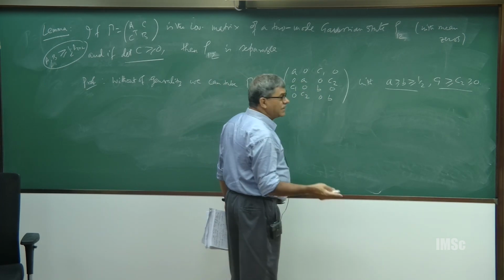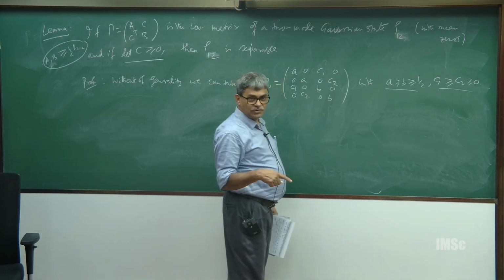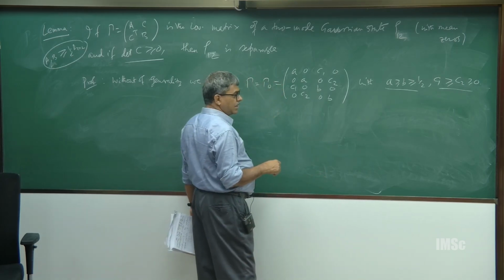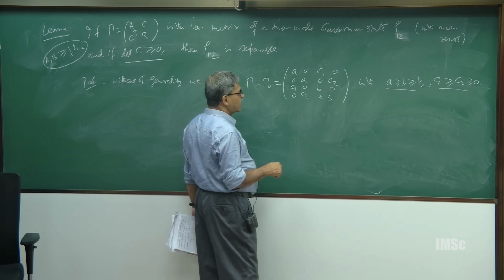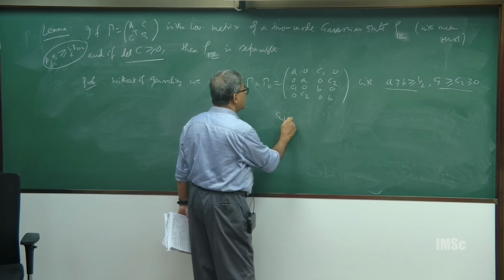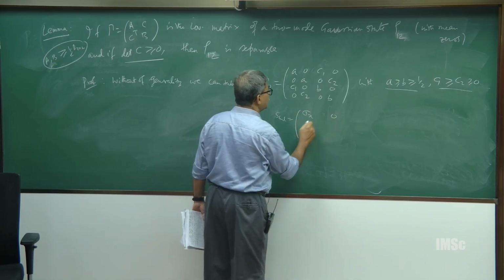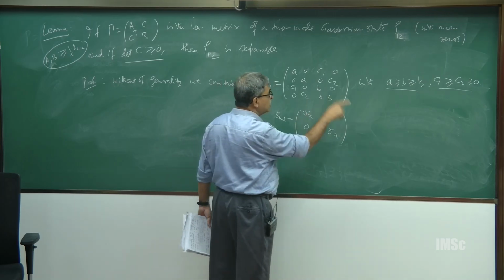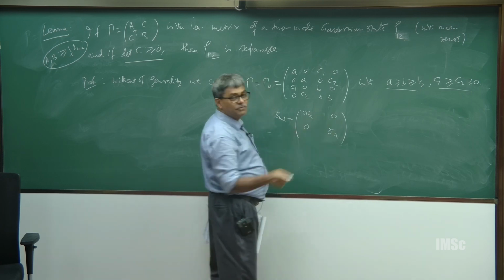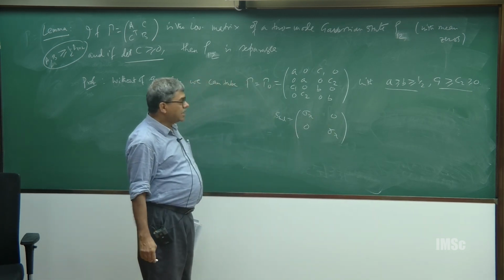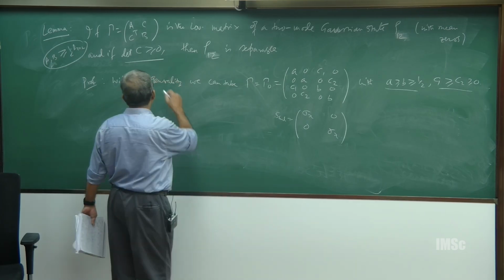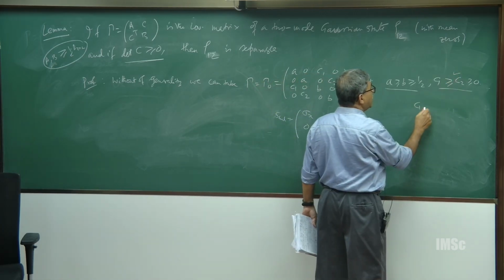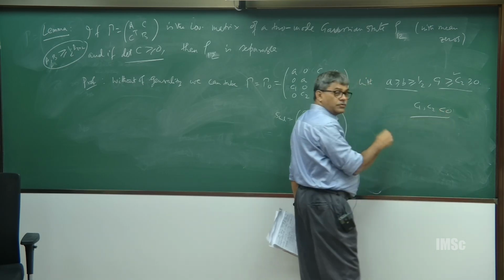So, for example, let us say C 1 is less than C 2, then what you do? You apply this transformation S local equal to sigma x 0 0 sigma x. This is also a local symplectic transformation, and that will basically interchange the position of C 1 and C 2. And because of this condition, either C 1 and C 2 are positive, or both C 1 and C 2 are negative, so that their determinant is positive.